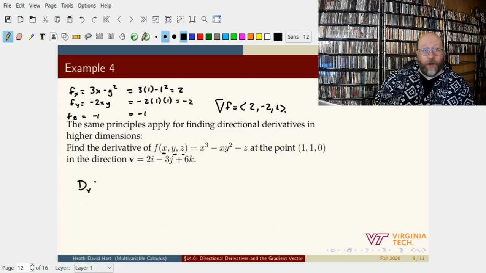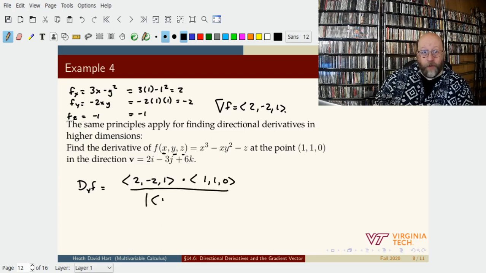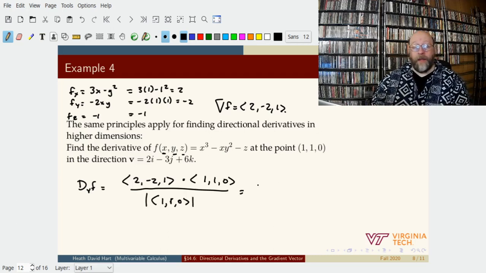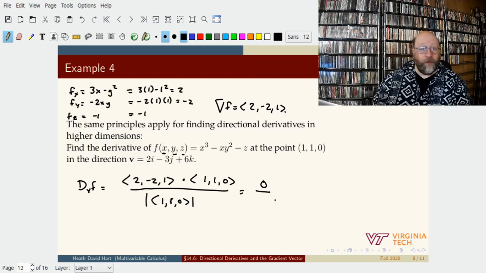And so the directional derivative is the gradient vector (2, -2, 1) dot product the direction vector divided by the magnitude of the direction vector. And that is, what is that? 2 minus 2. The numerator is 0, is that right? And the denominator is square root of 2, but that doesn't really matter.